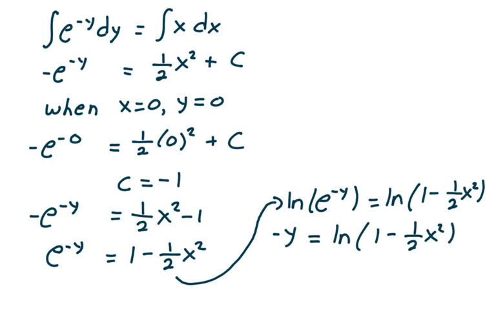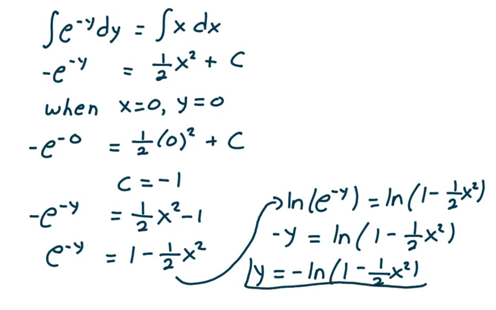And then either multiplying both sides by negative 1 or dividing both sides by negative 1, we get y equals negative natural log of 1 minus 1/2 x squared. And that's how we do problem number 13.